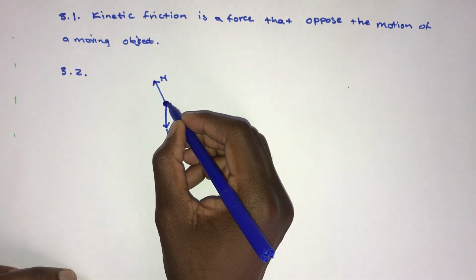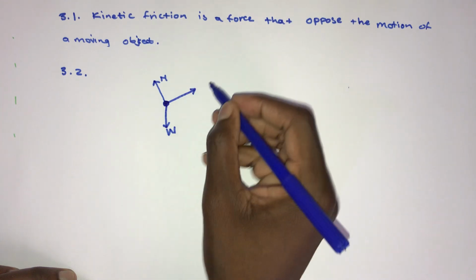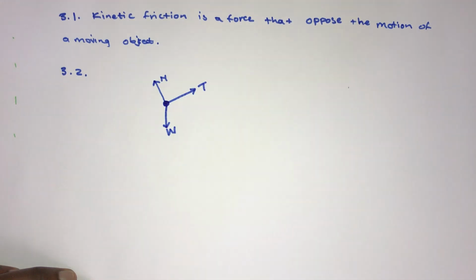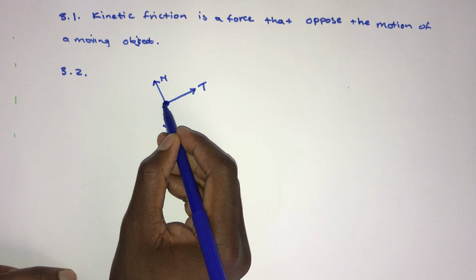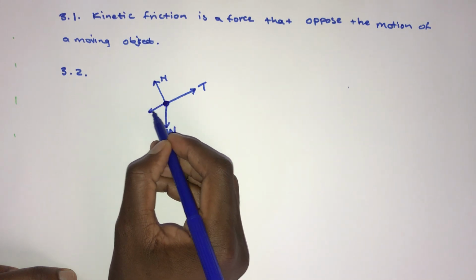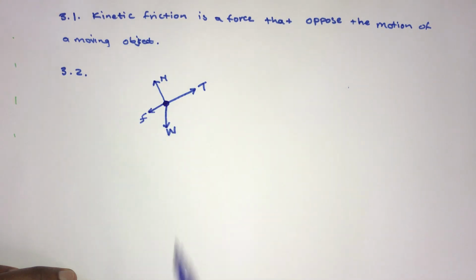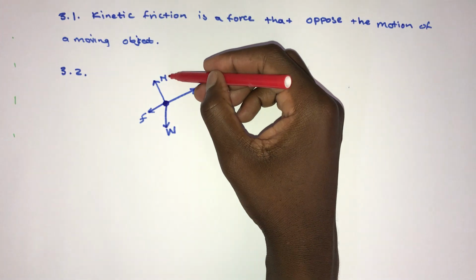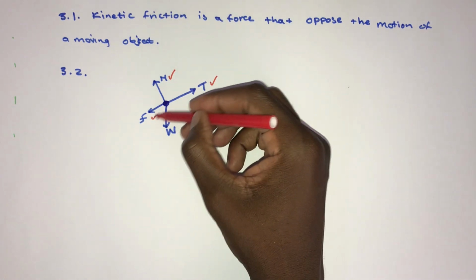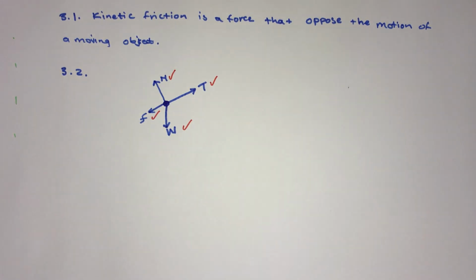Then there's a tension up the incline. This is the tension. And then the frictional force opposing the motion, so this one's going down the incline. This is the free body diagram that you're supposed to draw. So this is 4 marks. It means that the mark allocation will be like this: 1, 2, 3, 4. So this is your 4 marks.